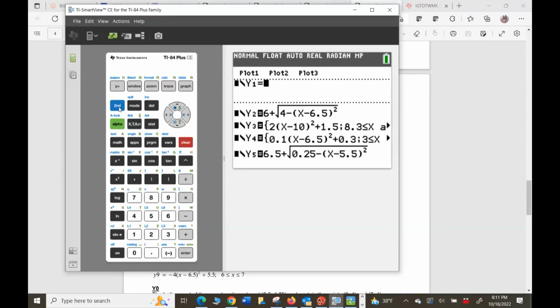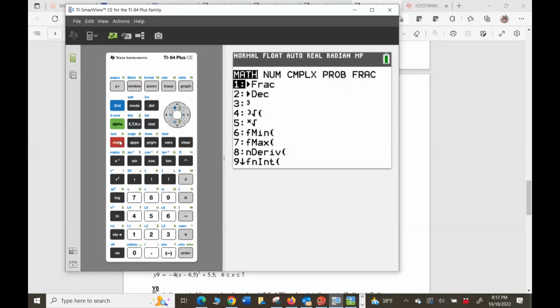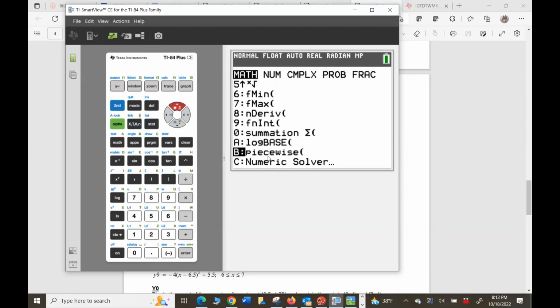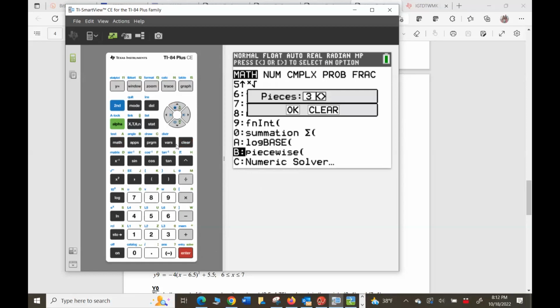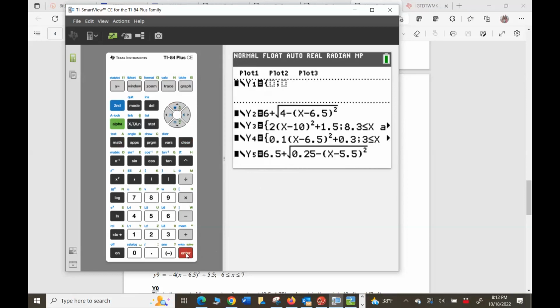So I'm going to go ahead and press the math key and press the up arrow twice, and you'll notice piecewise towards the end. So I'm going to choose piecewise, and I only want one piece here. It'll go up to 5 and down to 1. I only want one piece here, okay?